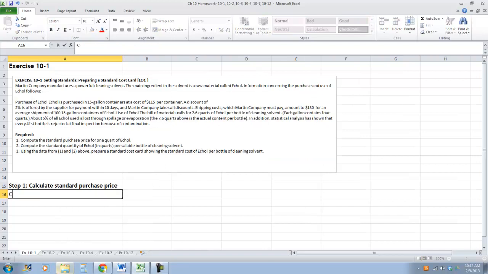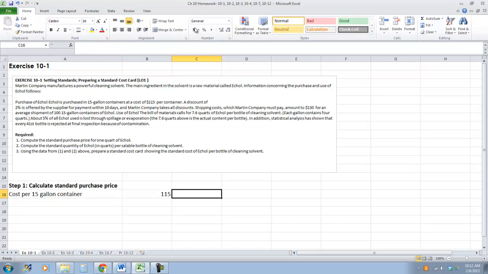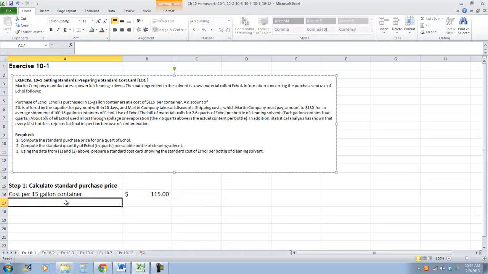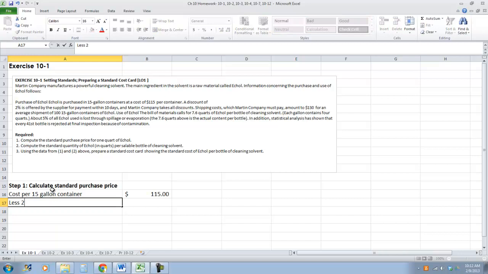Okay, so the cost per 15-gallon container is $15. This was given in the problem. And we actually always take a 2% discount, the company does. So that's a 2% discount. We must take that out.